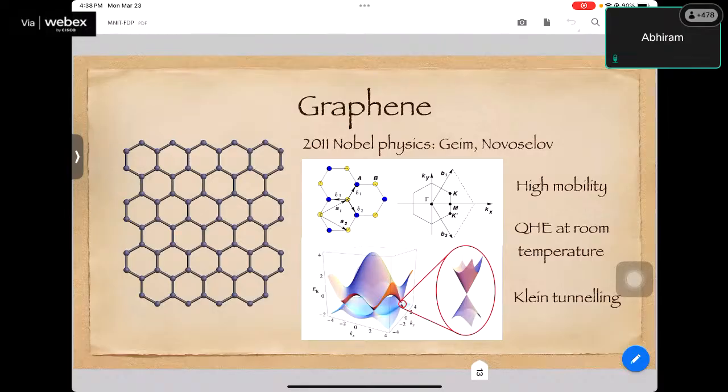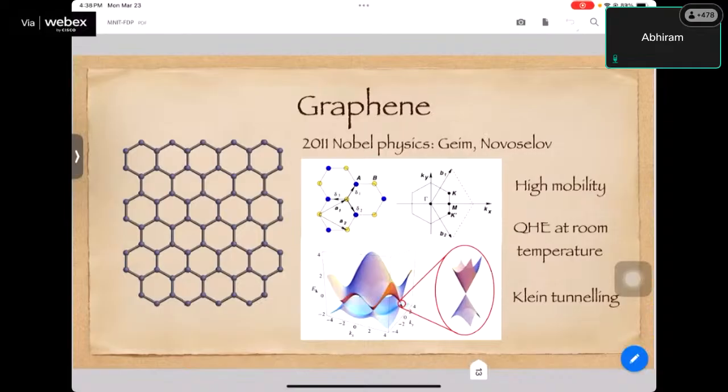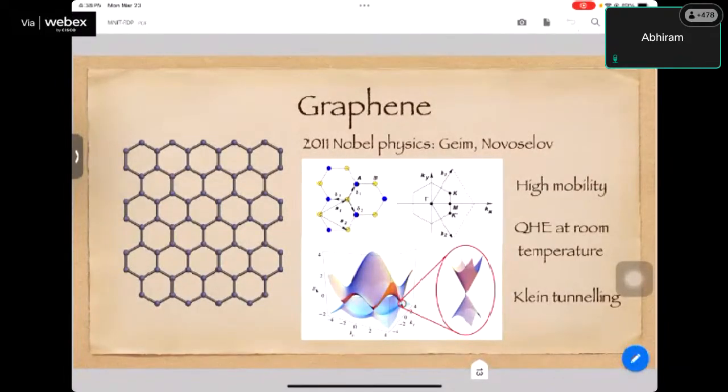And the electronic dispersion for graphene is shown on the right. So what are the key properties of this? The three key properties are, it has high mobility. That is, when you send an electron in a metal or any conductor, there's something called mobility, which captures how easy it is for electrons to travel in the medium.